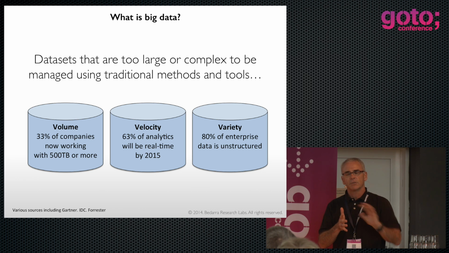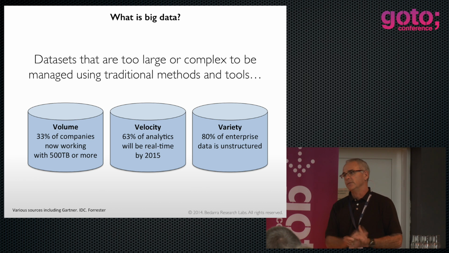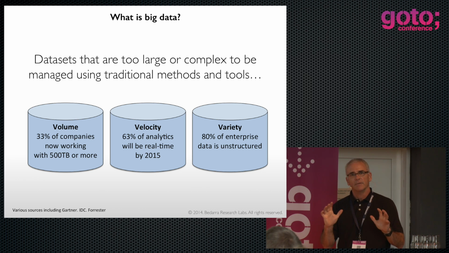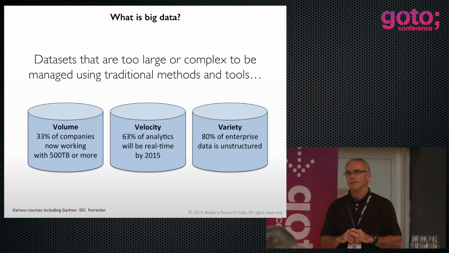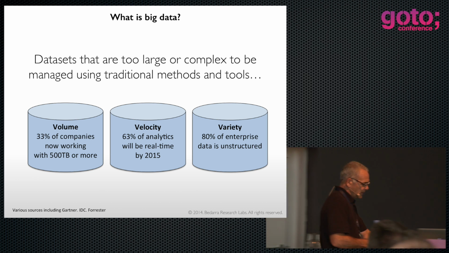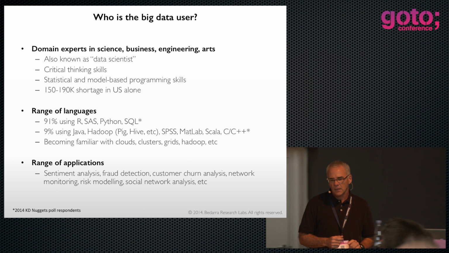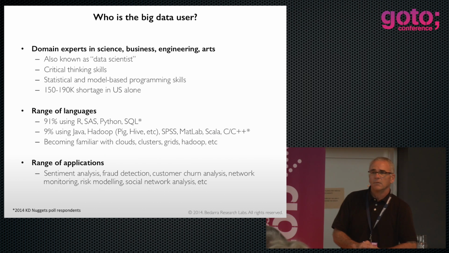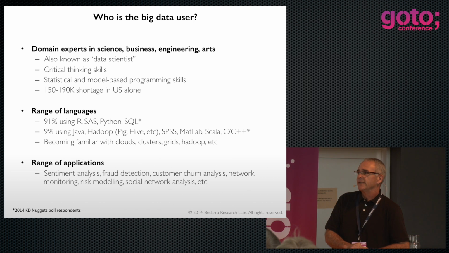We're moving away from structured data sets to unstructured data sets. 80% of companies have unstructured data, and of course, we want to be able to get at that data and structure it so that we can work with it and analyze it. In terms of who's doing it right now, what we have are data scientists. These are in any kind of discipline that you really want to think about.